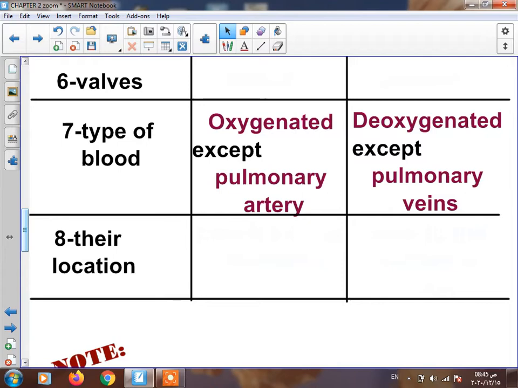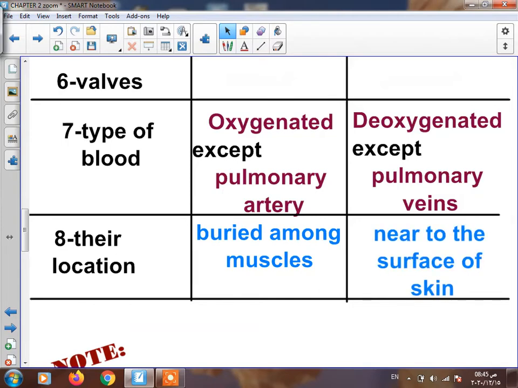So its wall is thick, and it is also found where? Among muscles. Why among muscles? To be able to resist the pushing of the blood. But what about the pushing of the blood inside the vein? It is with less force, less pushing, less speed. So it is found near the skin of the body. Why? Because the blood does not move with more force.